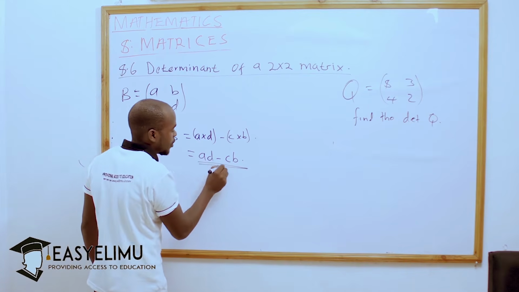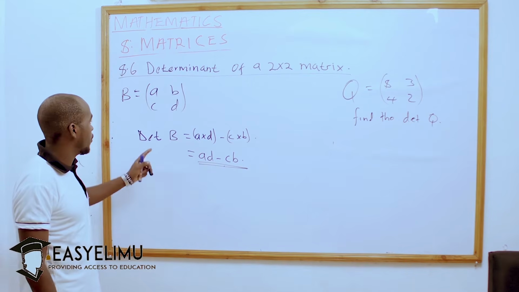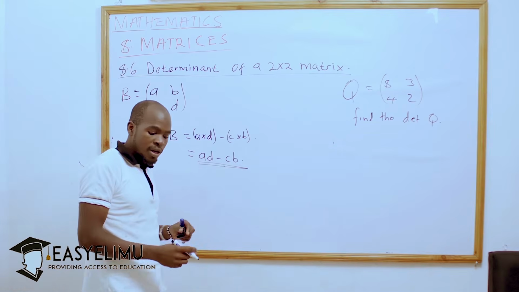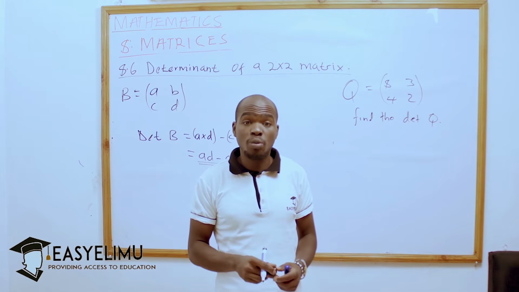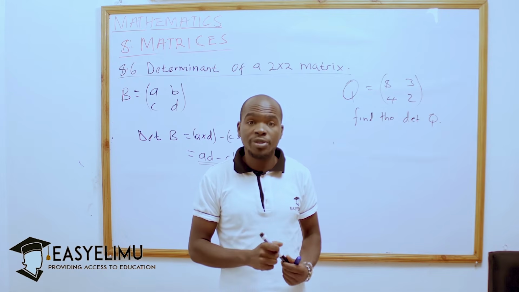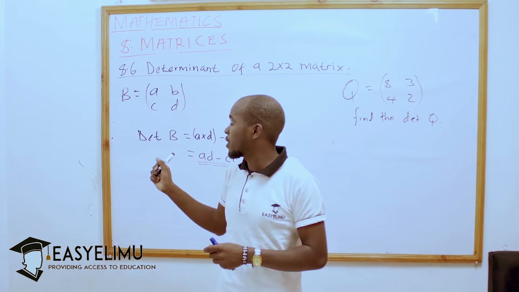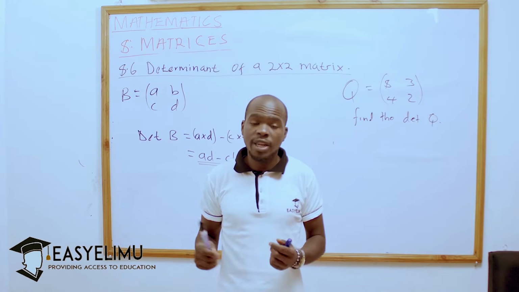This is what we refer to as the determinant of that matrix B. So we have seen how we can find the determinant of any 2 by 2 matrix.